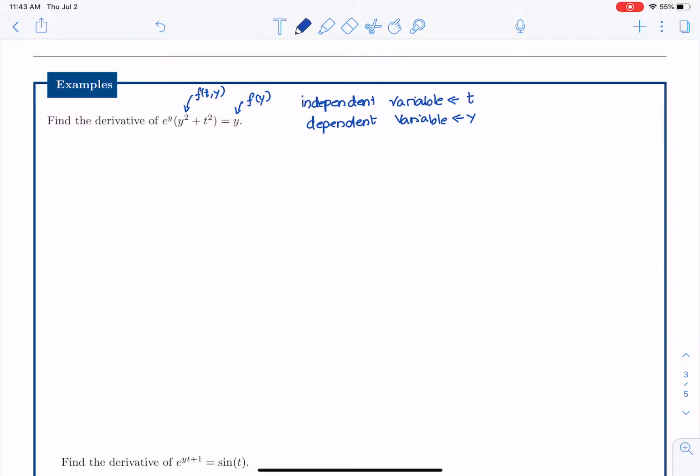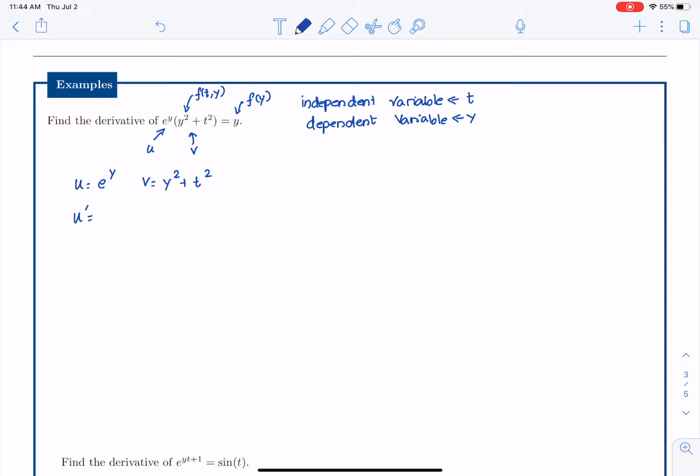So first we have to use product rule. We'll call that u, we'll call that v. So u is e raised y, v is y squared plus t squared. U prime, well, e raised y is a function of y, the dependent variable.